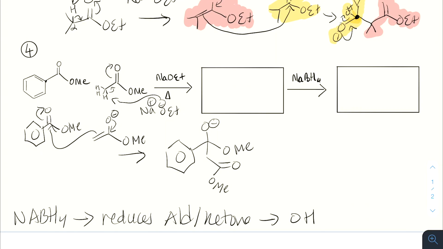So I'm just going to count my carbons because it's very common for people to miss carbons. So we have 1, 2, 3. We have 1, 2, 3. So we can proceed. The next thing that happens is that the lone pairs on oxygen are going to push back, and this OMe is going to act as a really good leaving group, which leaves this as the answer.